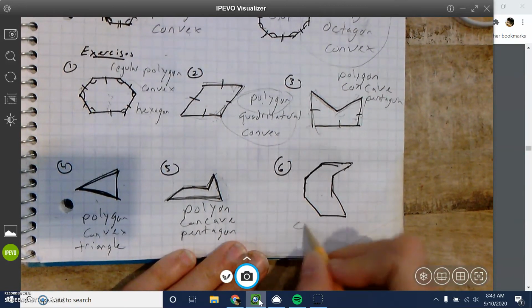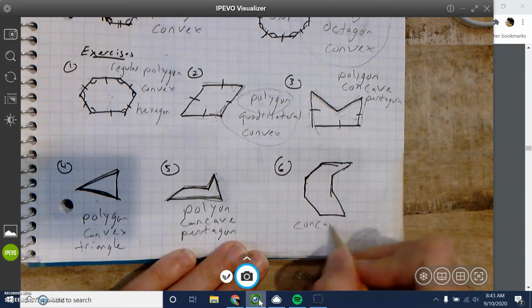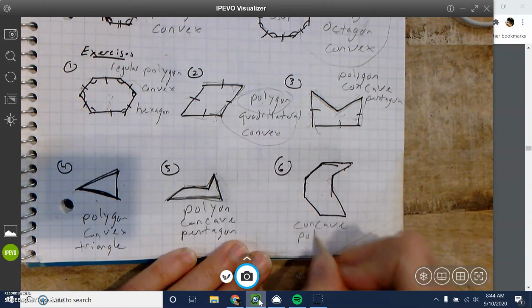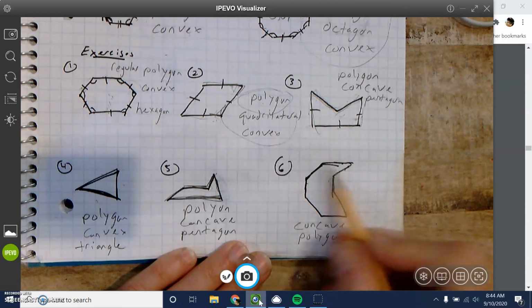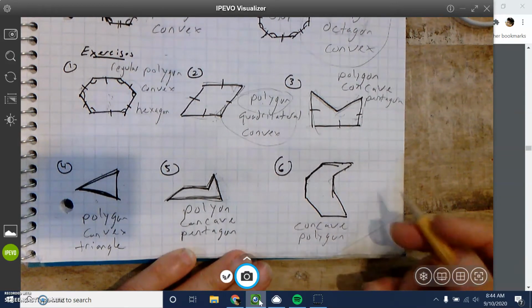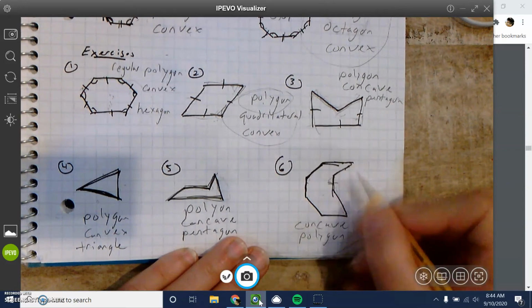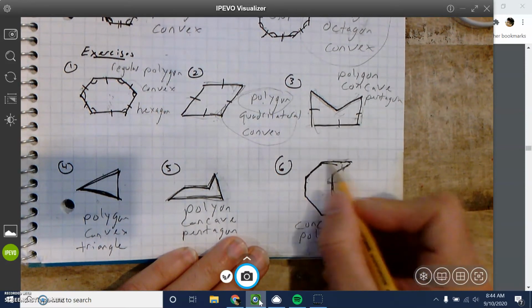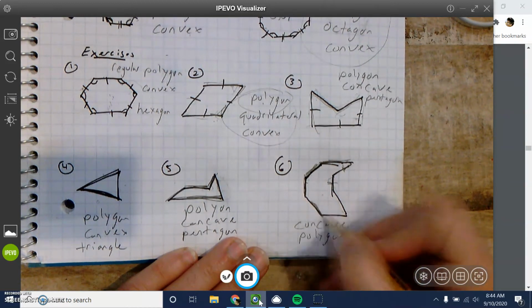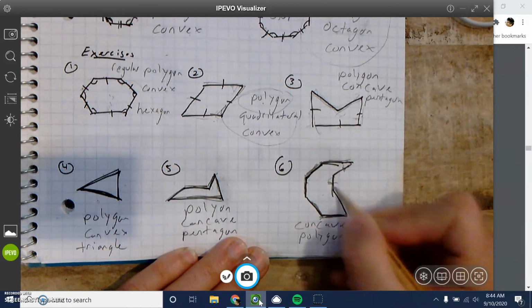This one is concave, pretty obviously because it's caved in right here. It's a polygon. It's not a regular polygon because the angles and the sides are not congruent. 1, 2, 3, 4, 5, 6, 7, 8 sides.